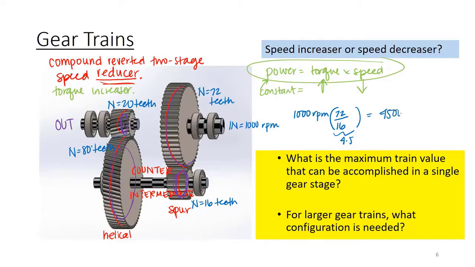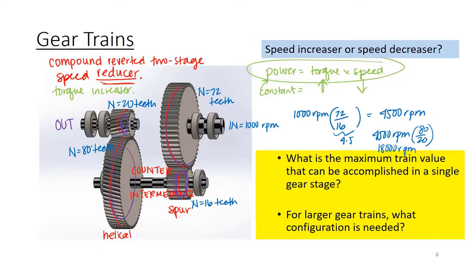So 4,500 RPM. Right, in the second stage, we have 4,500 RPM. That's now the speed of this intermediate shaft. And we multiply it by the tooth ratio. So 4,500 times 4, 18,000, sorry. That's really fast. 18,000 RPM would be the speed of the output shaft.